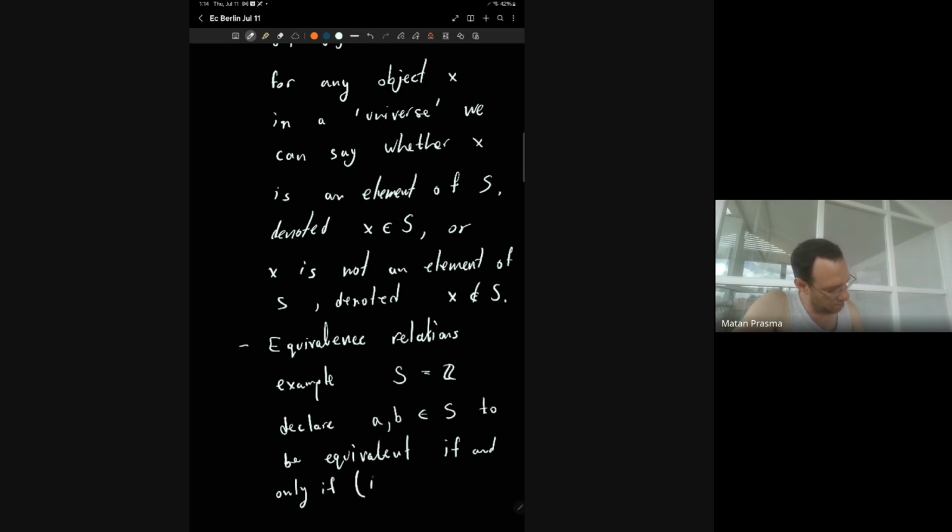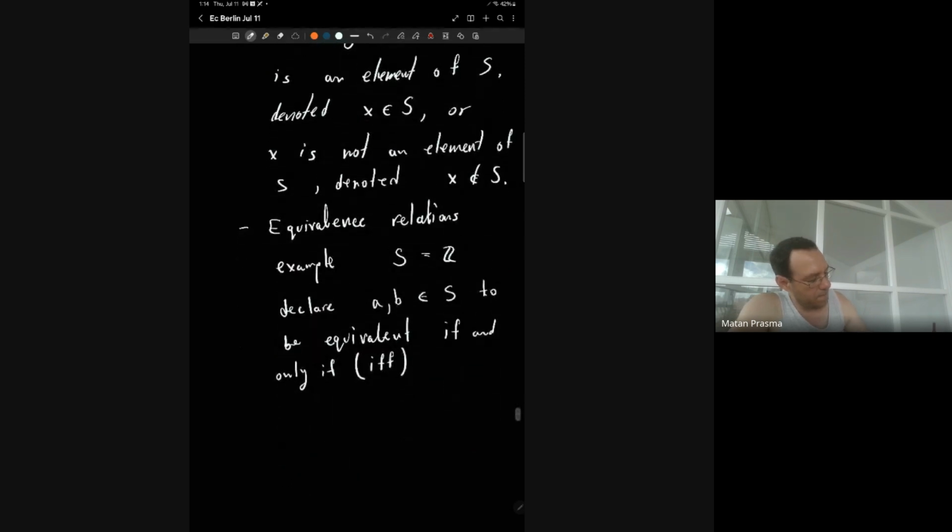this is, by the way, usually abbreviated as iff, and I declare A and B to be equivalent if A is equal to B modulo N. That is, if after I do long division of A by N and of B by N, I get the same remainder.